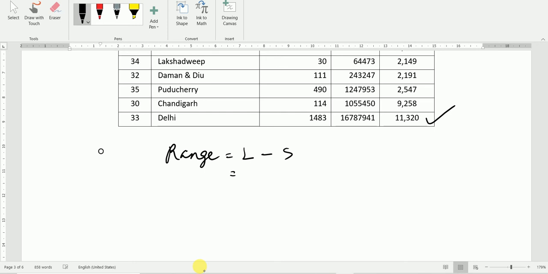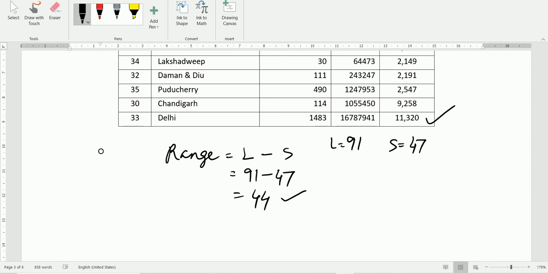Let us say the maximum value is 91 and the minimum value is 47. That means 91 minus 47 is equal to 44. So this is the range.